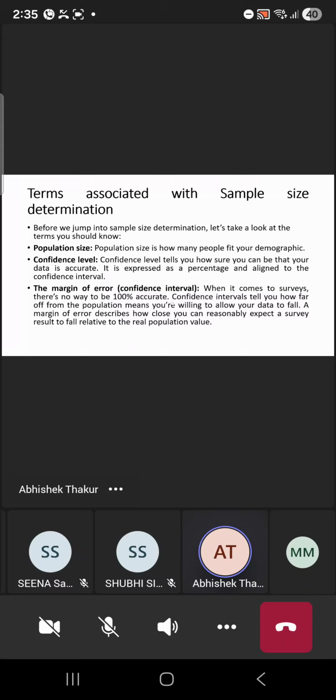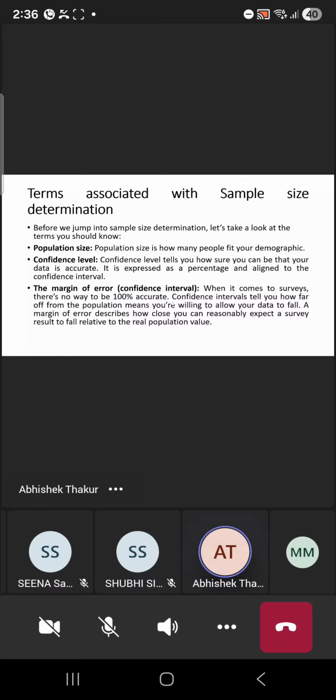For example, it should be more or less a 5% margin. Results can be off by 5%. So it depends on how sure you are about your results. This difference is called the margin of error and confidence interval.